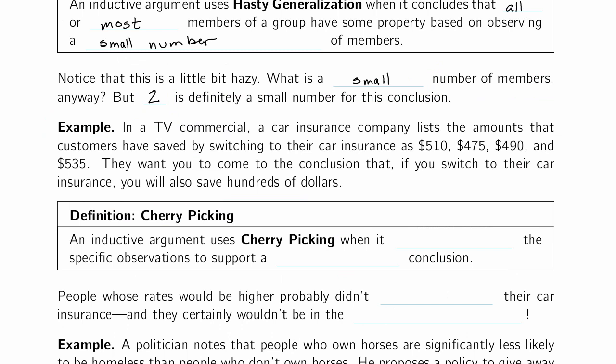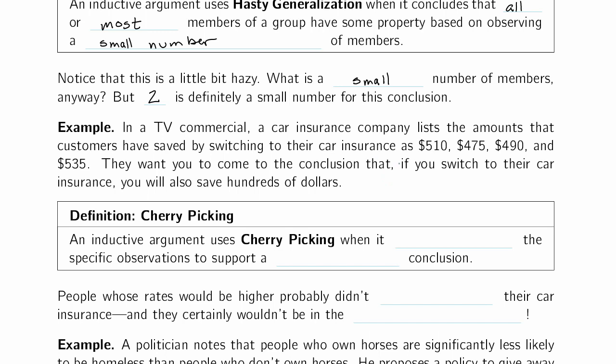In a TV commercial, a car insurance company lists the amounts that customers have saved by switching to their car insurance as $510, $475, $490, and $535. They want you to come to the conclusion that if you switch to their car insurance, you will also save hundreds of dollars.